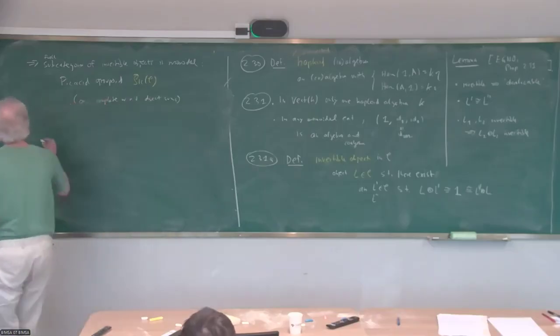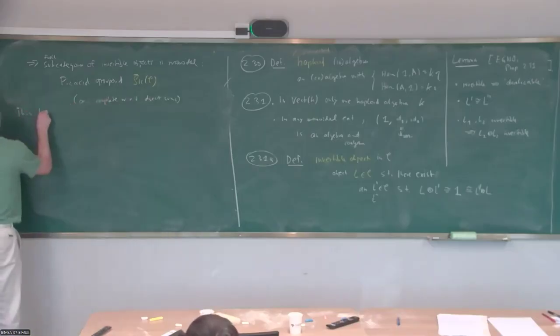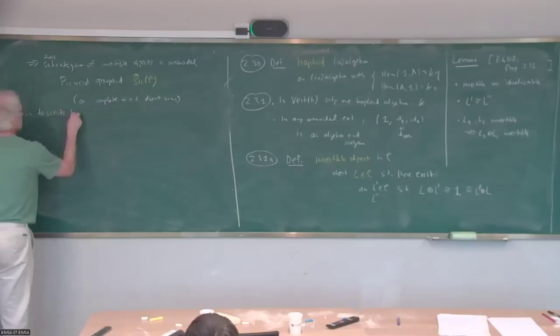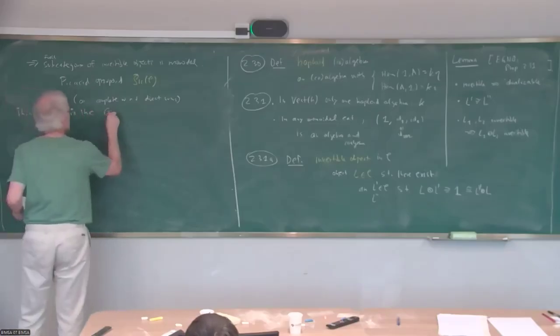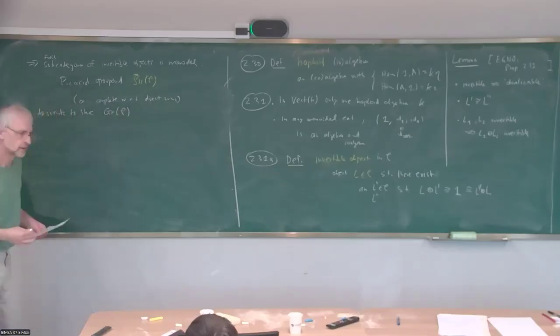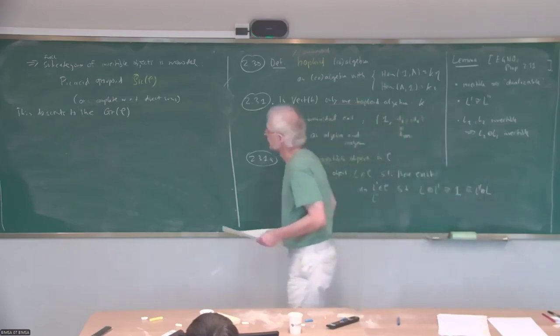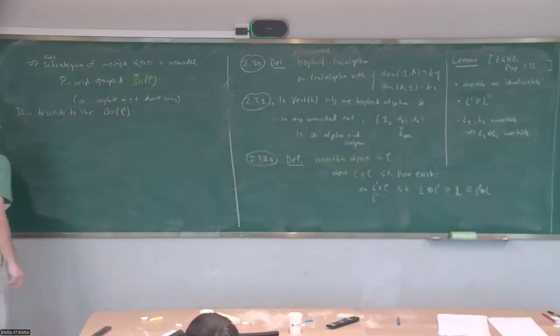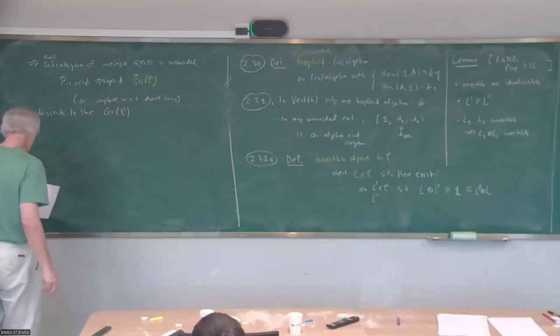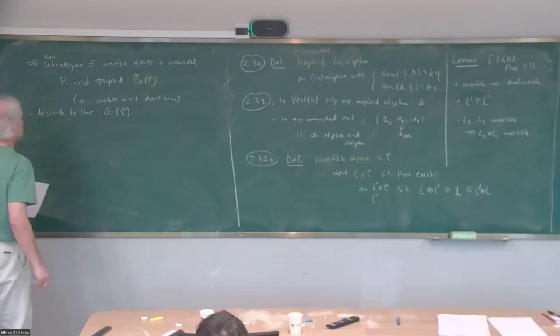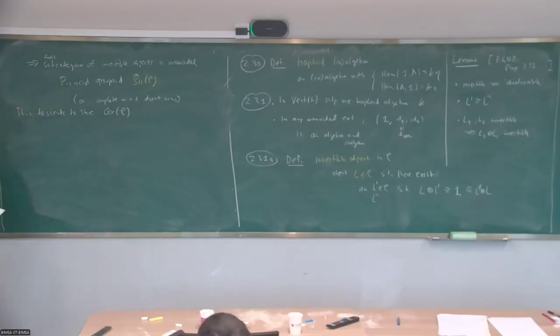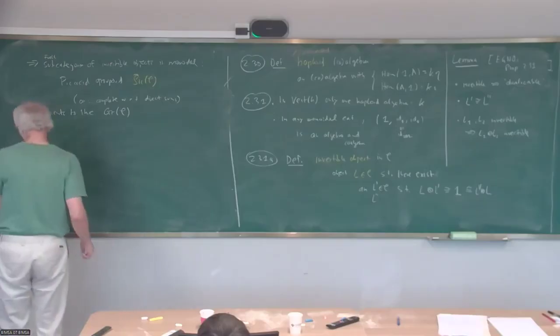But for us, more important is that this descends to the Grothendieck group of C. Remember, this is the group of classes with respect to isomorphism of objects in the Abelian category where the addition comes from direct sum.